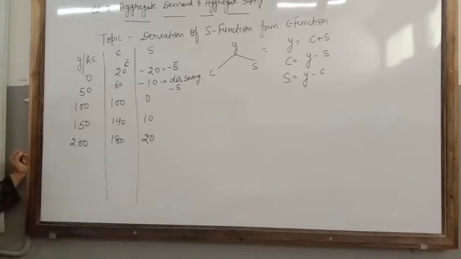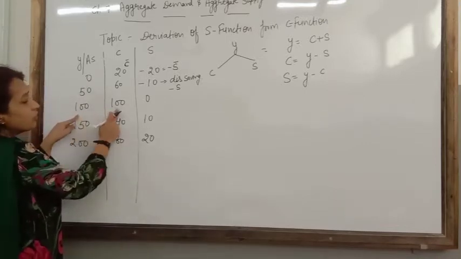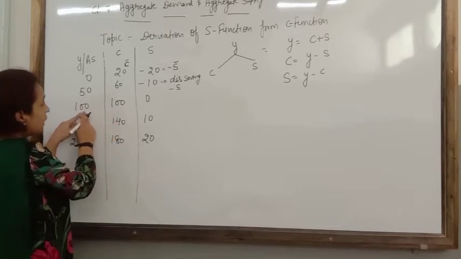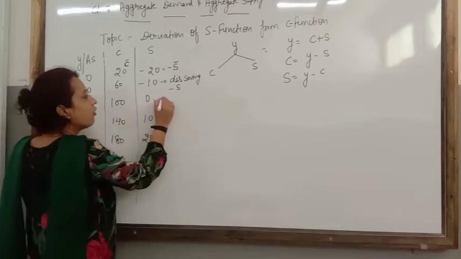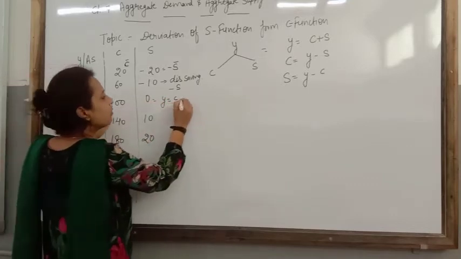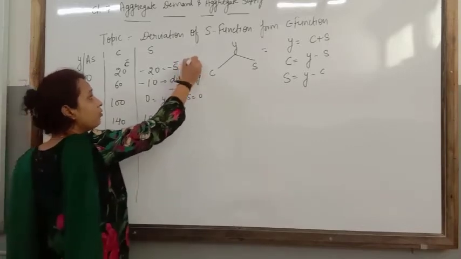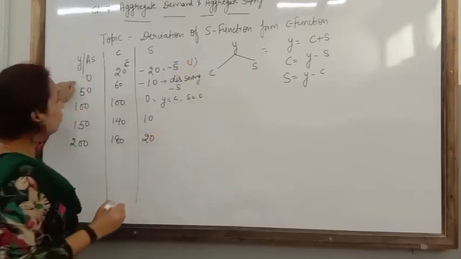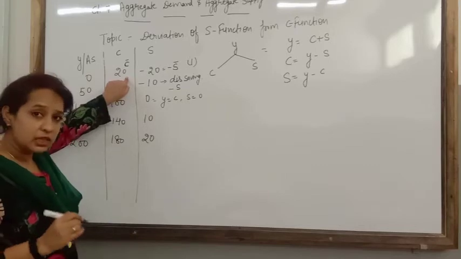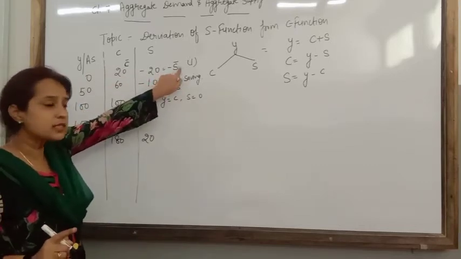S bar means the minimum level of consumption when income is 0. When your income is equal to C, it means Y equal to C, then in that condition, S will be 0. Clear? The first point I have explained: when your income is 0, there will be a C bar, the minimum level of consumption, which has to be shown as minus S bar.